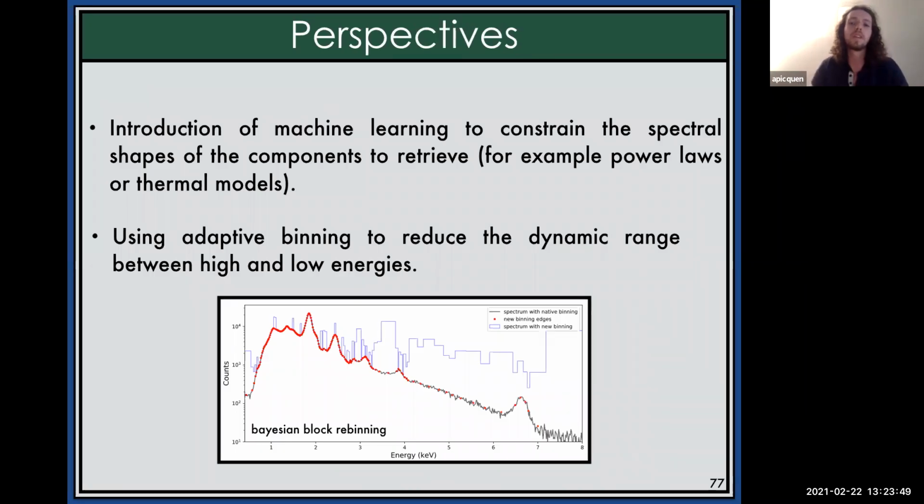It could also be useful to introduce some kind of method, for example, based on machine learning, to constrain the spectral shapes of the components to retrieve. For example, if we know that we want a Gaussian, like for a line emission, or a power law, it would be really interesting to ensure that the algorithm is searching for the right thing.